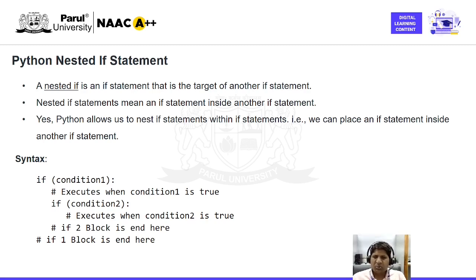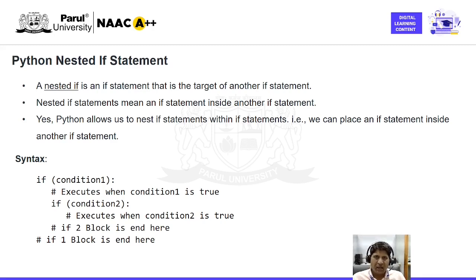For example, whenever you play a game, if you clear level 1, then level 2 is active. If level 2 is cleared, then level 3 is active. If the first condition is not met, if you do not clear level 1, then you are not eligible to enter level 2.